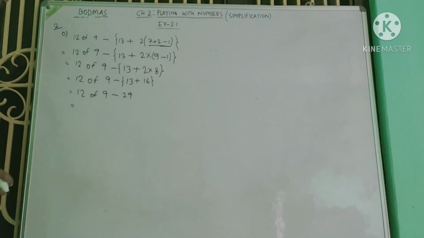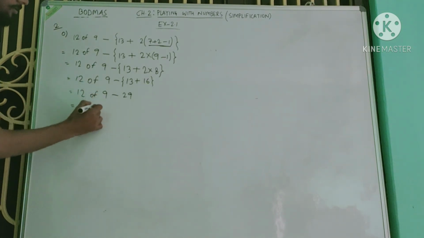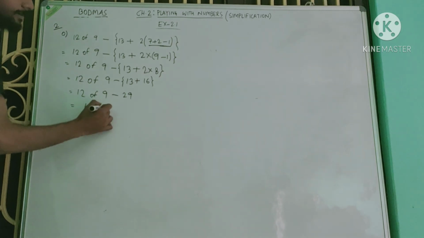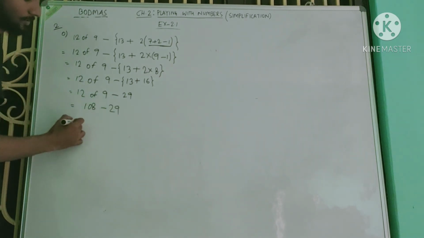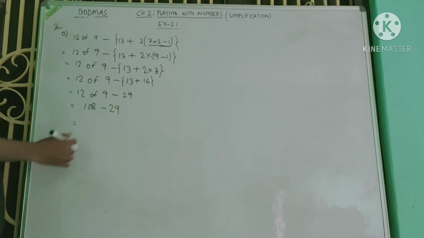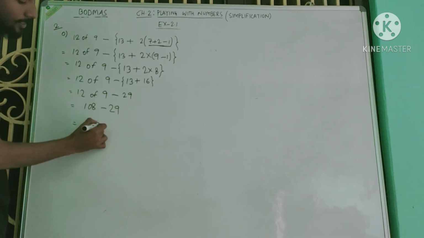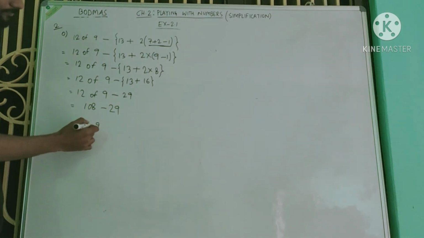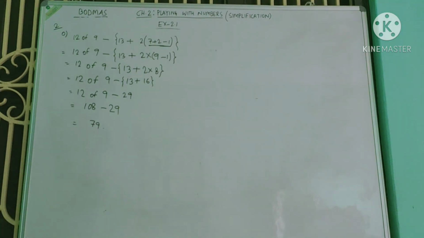So 12 of 9 means 108, minus 29, which means 108 minus 29 is 79. 79 is the answer.